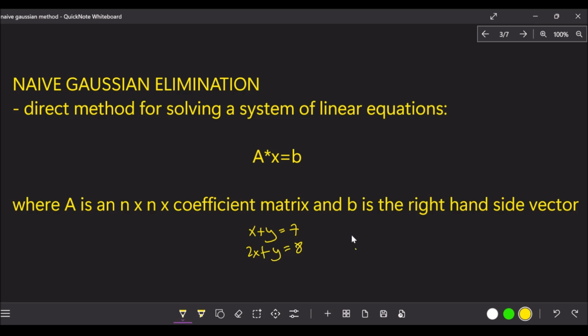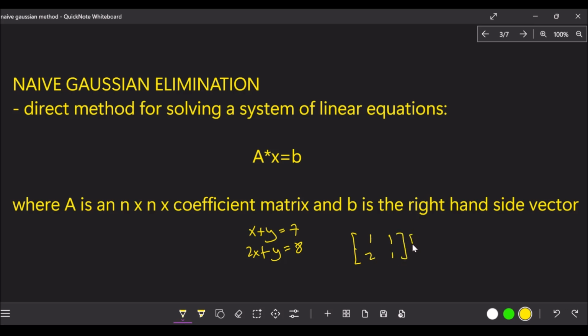If we put this into A times x, we create a matrix for the coefficients. For the first equation, the matrix has 1 for the coefficient of x, then 1 for y, then you have 2 and 1.